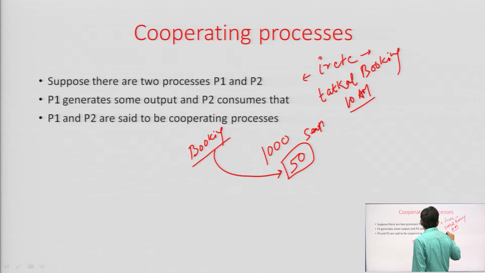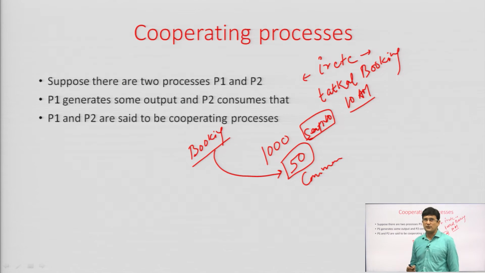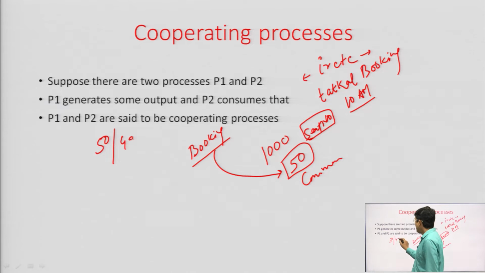So, let us say the number of seats is a common variable that is needed by all the processes. If we make the decrement in this count after every booking, like from 50 to 49, 49 to 48 and so on, this decrement should be made by one process only at a time.